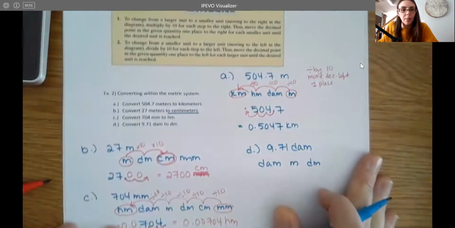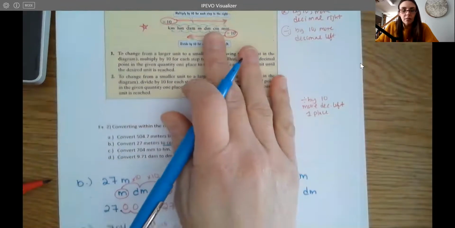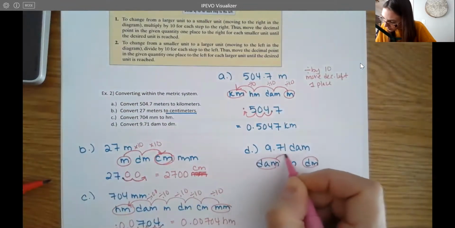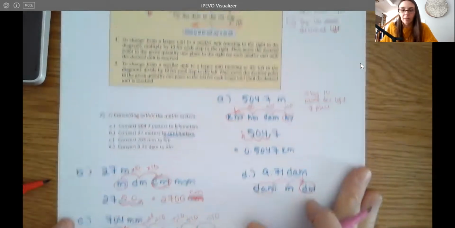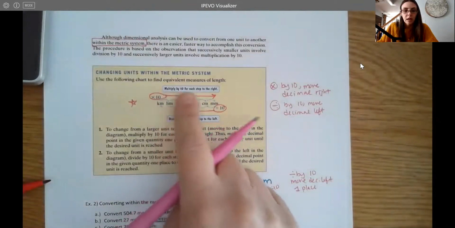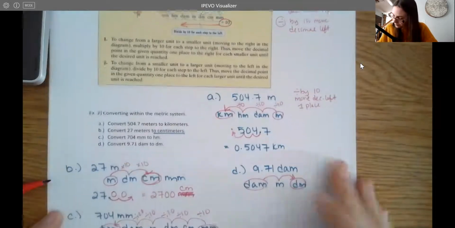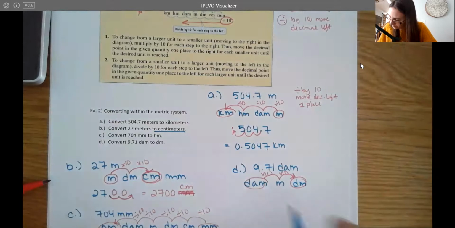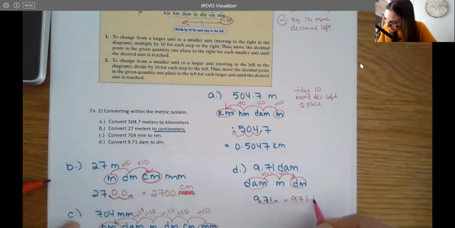So I'm just recopying this above here, and I'm starting here and going here. So I'm going 2 to the right, and if I'm going to the right, I'm multiplying by 10. So 971 decimeters.